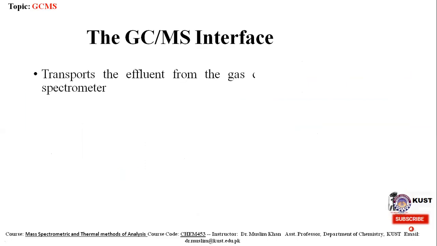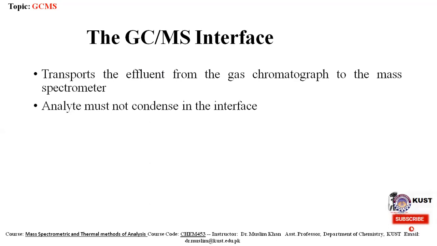So the problem was how to interface this GC and MS system. The interface transports the effluent from the gas chromatograph to the mass spectrometer. How efficiently this effluent coming from GC goes into the mass spectrometer was the main problem in the combination of a GC-MS system. The analyte must not condense in the interface.